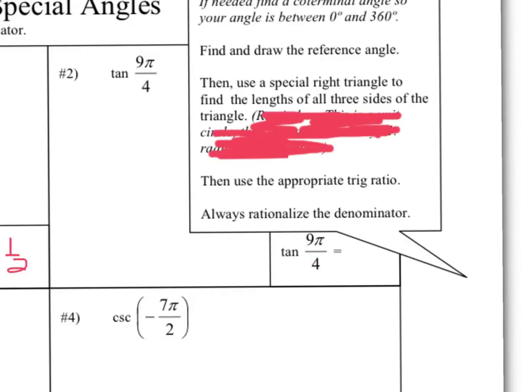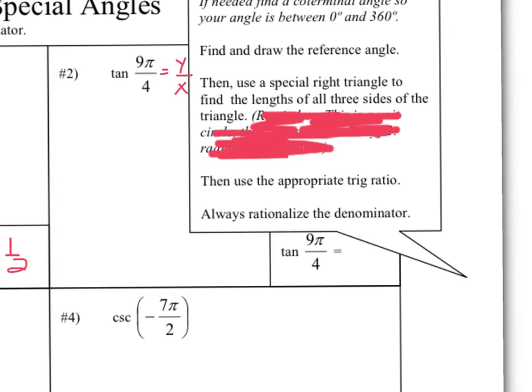Number 2 is in radians, and not only is it in radians, the angle that you're given, 9 pi over 4, is bigger than 1 complete revolution. Tangent of 9 pi over 4 is y over x. Tangent's always y over x.